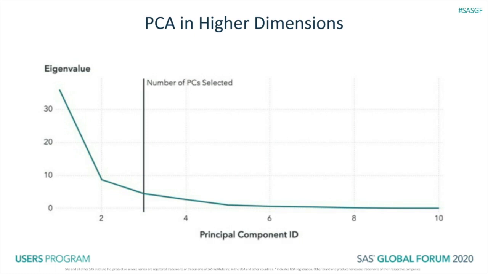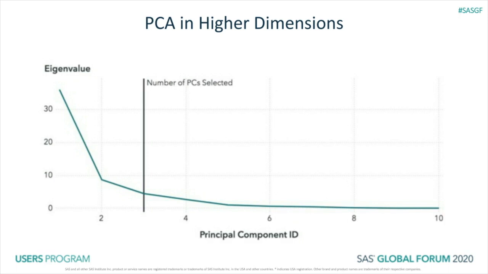Along our horizontal axis, we just have the principal components from first to last, 1 to 10. Our vertical axis is showing us the magnitude of the eigenvalues. And what we're looking for in a graph like this is sharp elbows in that plot, points where we're really seeing deeply diminished returns from adding additional components to the model. It's just showing us that extra feature is probably not worth adding.